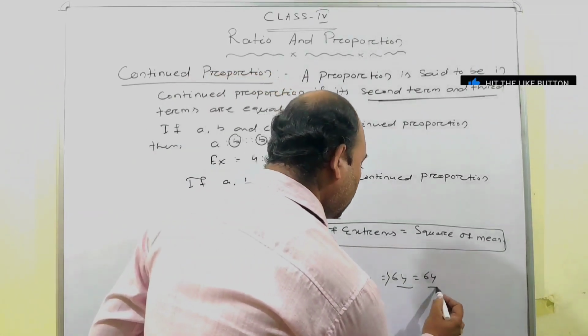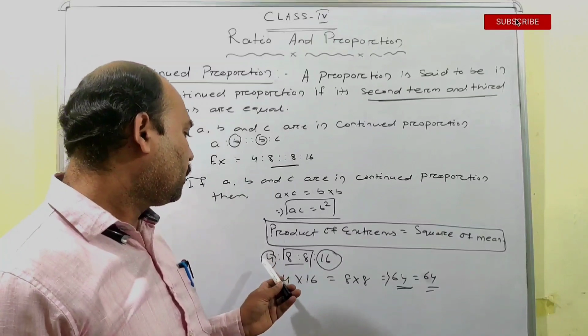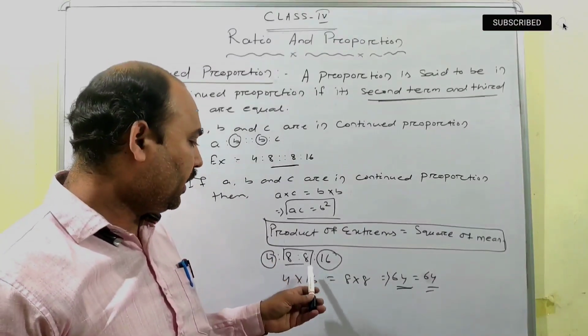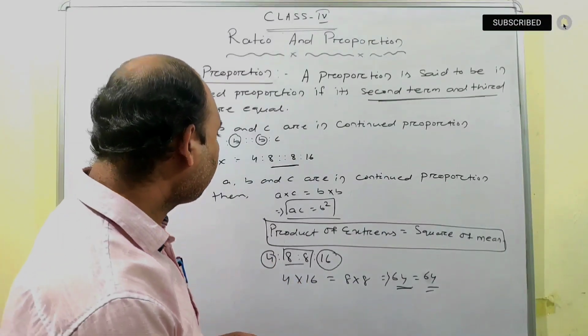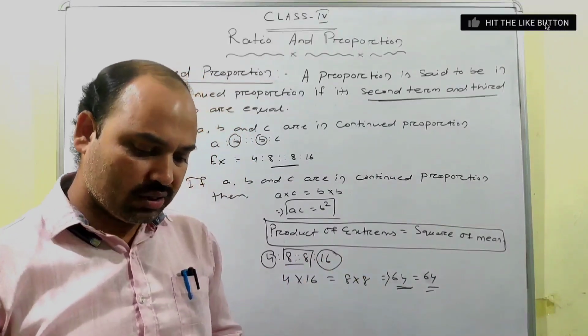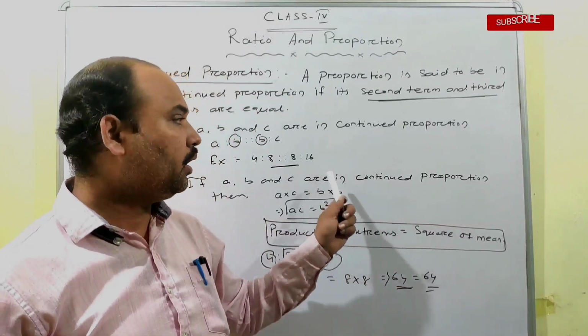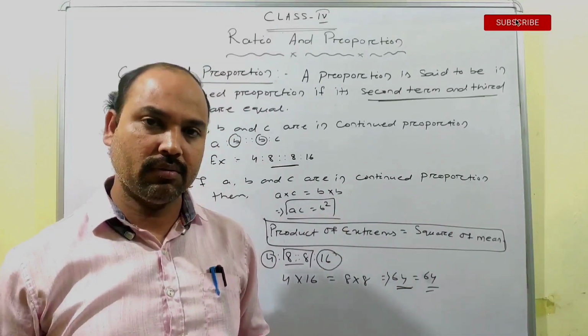The 64 and 64 are both equal. So 4:8 such as 8:16 are in proportion, and specifically in continued proportion.